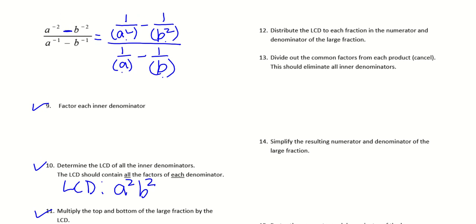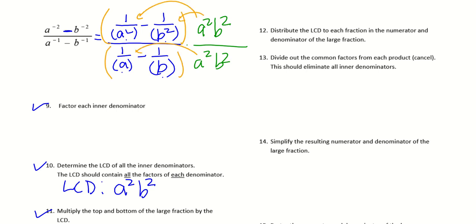Our next step is to multiply top and bottom by that LCD. So I'm going to multiply the top by a squared b squared, and I'm going to multiply the bottom by a squared b squared. So when we do that, we're going to have to distribute that across the subtraction, both top and bottom.